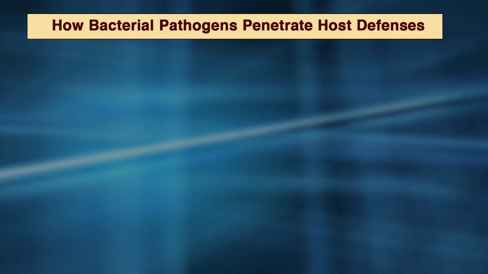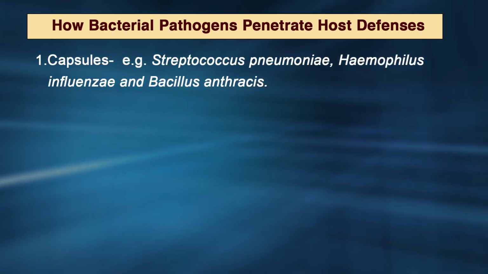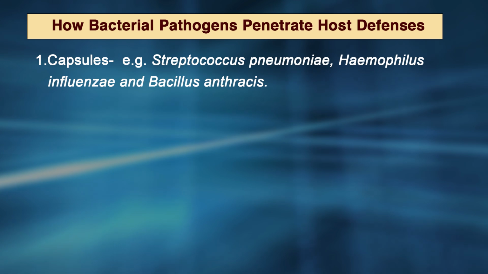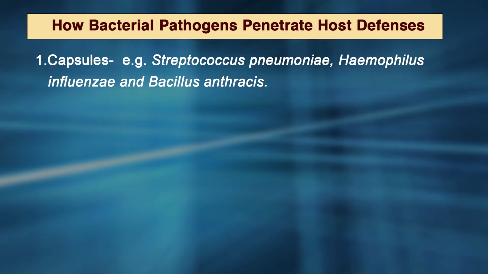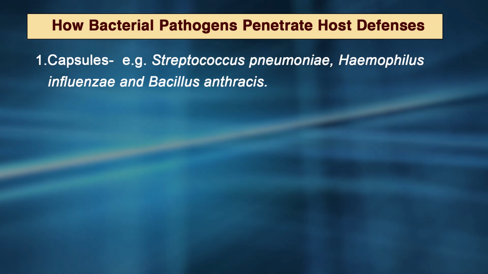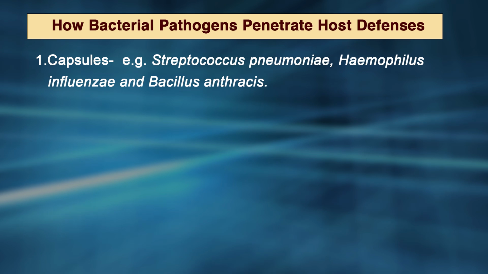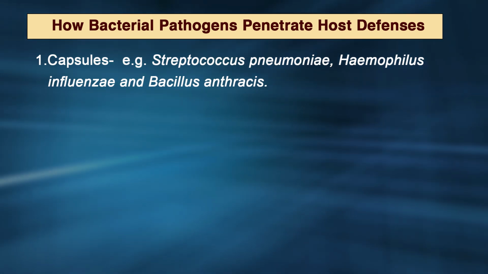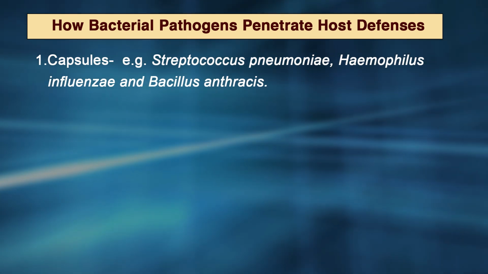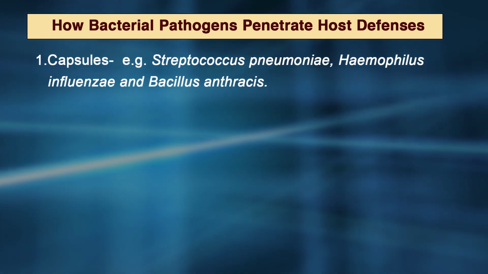How do bacterial pathogens penetrate host defenses? Capsule and cell wall components are the most important for penetration by pathogens. First we learn about the capsule. Some pathogens have capsules that prevent them from being engulfed by phagocytosis: Streptococcus pneumoniae, Haemophilus influenzae and Bacillus anthracis.